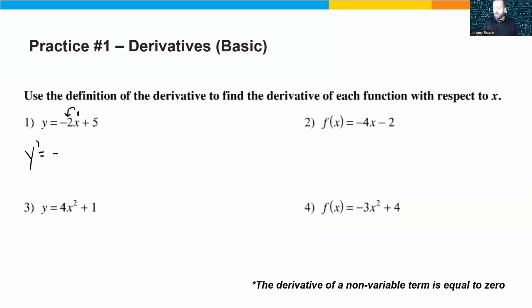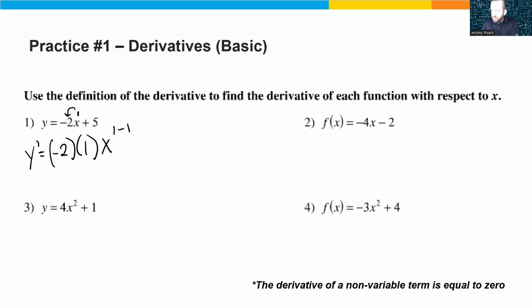That's one way we can write it, y prime like the derivative. And we can say -2 times 1. And then we still write the x there, but now we're going to write the original exponent minus 1 from it.